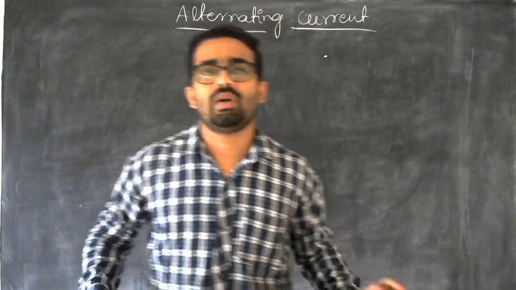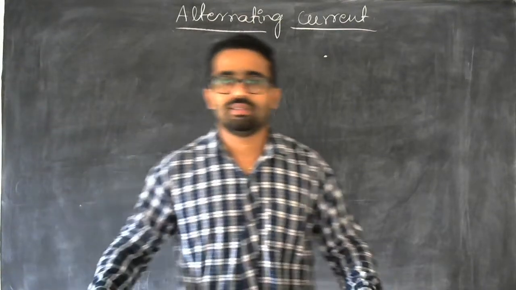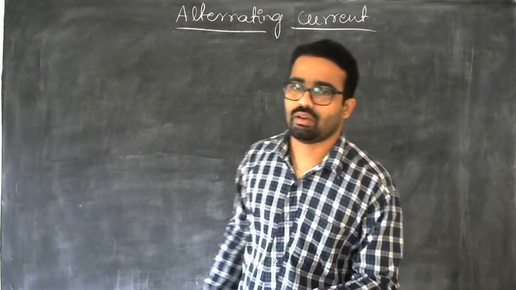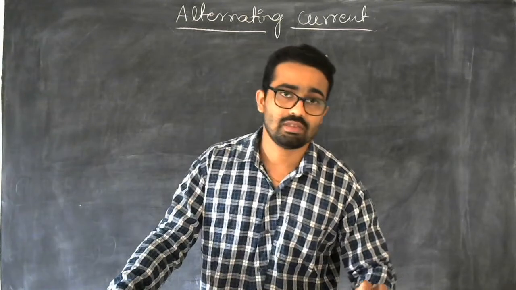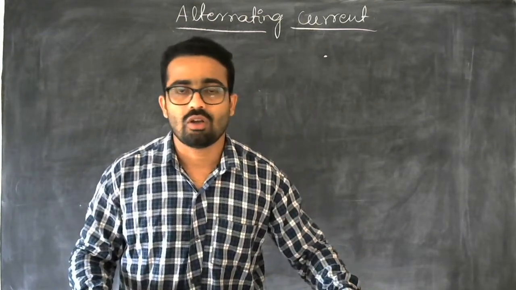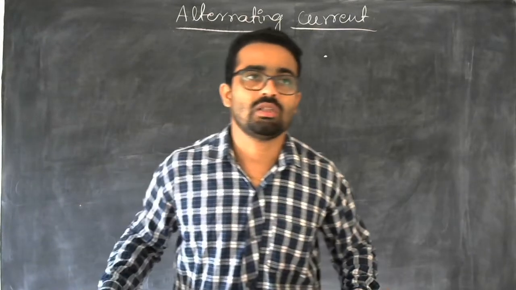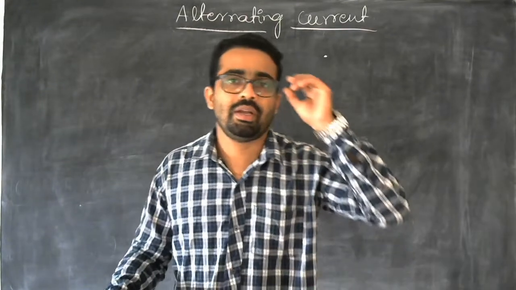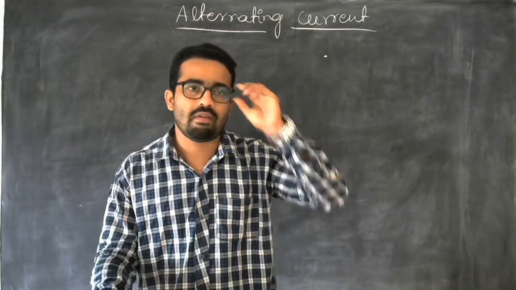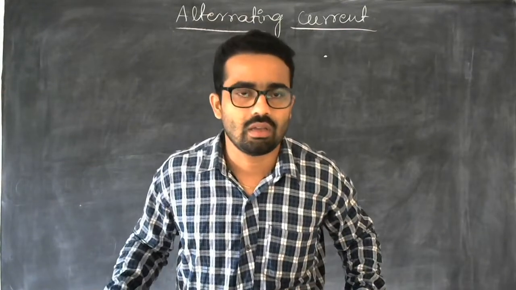Today we are moving into another chapter that is called Alternating Current. Previous to this class, we have discussed the concept of electricity and the concept of magnetism separately. But in the chapter electromagnetic induction, we have combined this effect.